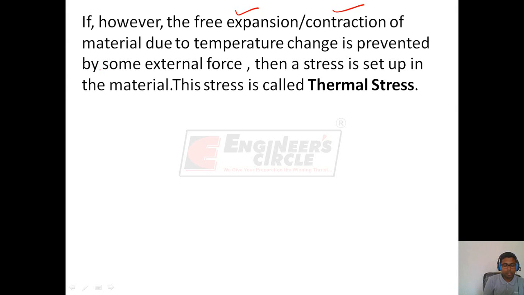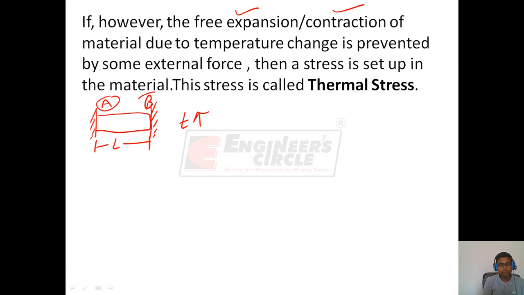Consider this material which is fixed from both the ends. Let the length of this body be L. Let us assume that the temperature of this body AB increases by some T degree centigrade. Due to the increase in temperature, the length of the body will try to increase. But since this bar AB is fixed from both the ends, its length will not be able to increase.